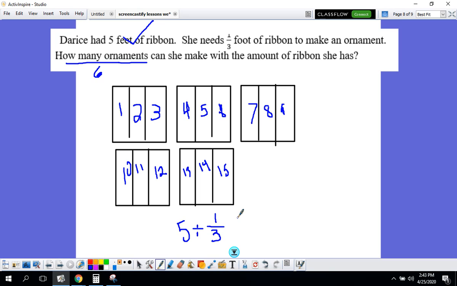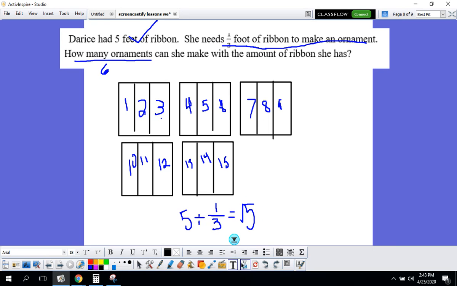Okay, so it seems like I can make 15 ornaments out of my 5 feet of ribbon, because remember, each 1/3 is an ornament. It says each 1/3 makes 1 ornament. So it seems like 5 divided by 1/3 would be 15, and then I'll put my label to that 15, which would be ornaments.